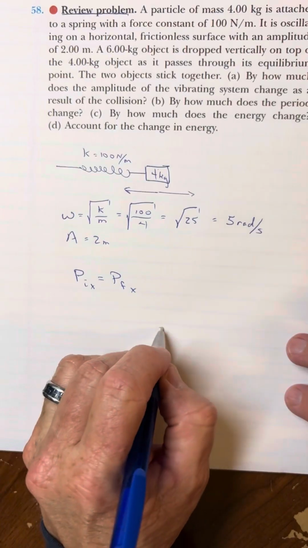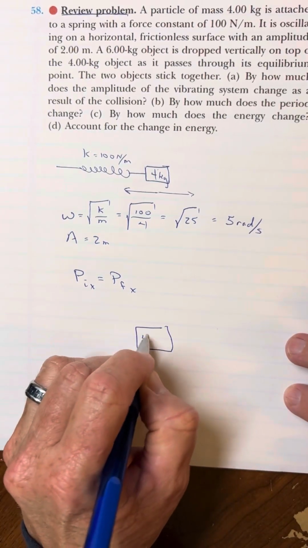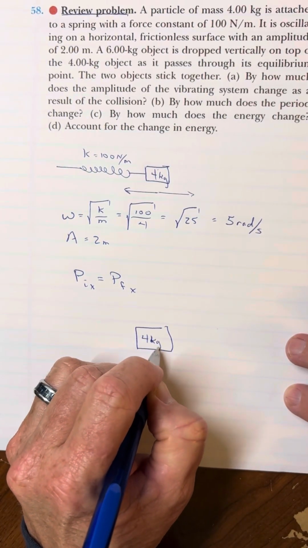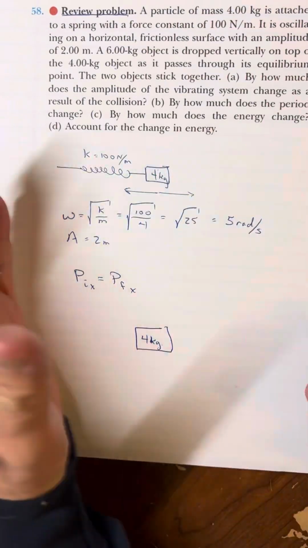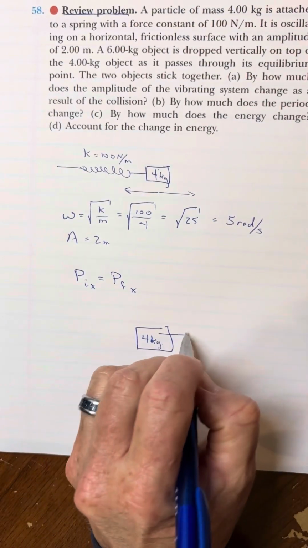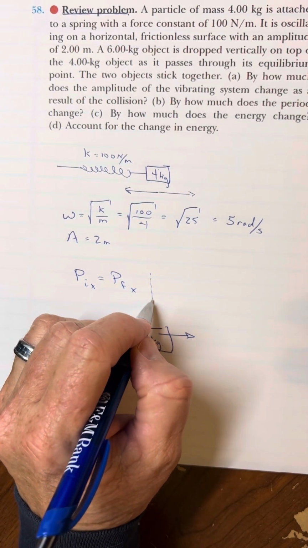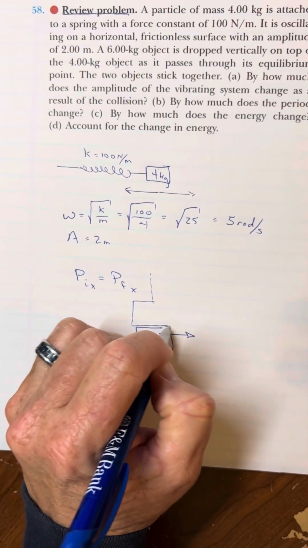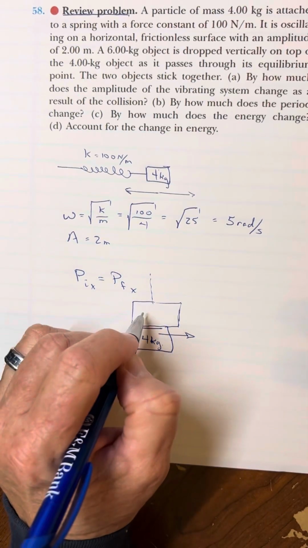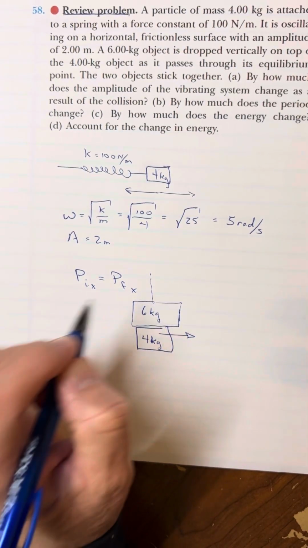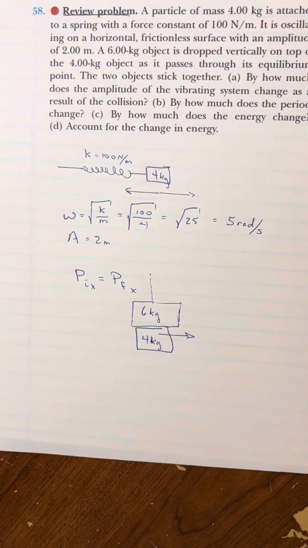Because the picture I have here is, okay, I've got this 4 kilogram object. And as it goes back and forth, let's just say at this particular moment it's heading towards the right, we then come along and drop a 6 kilogram object on top of it.